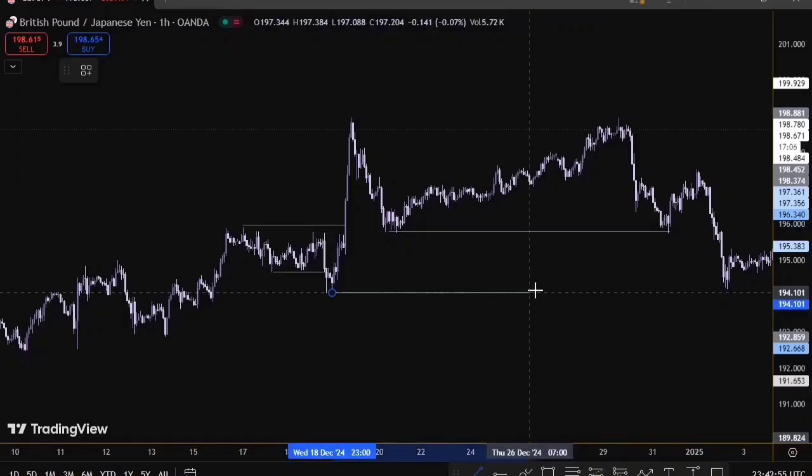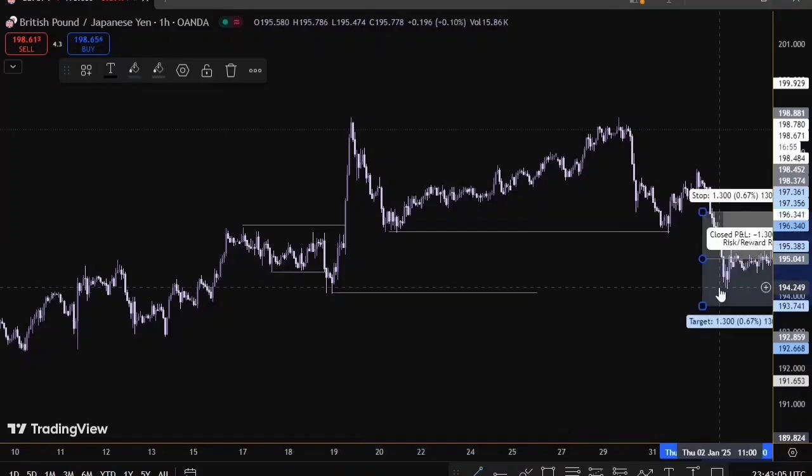Why? Because it swept liquidity, and if our entry was just below this point, as you can see, let's say we enter the market somewhere around here, targeting this high, stop loss below, and as you can see, we had price push up very close to our expected point, and if we closed right here, you can see at the end we did what?